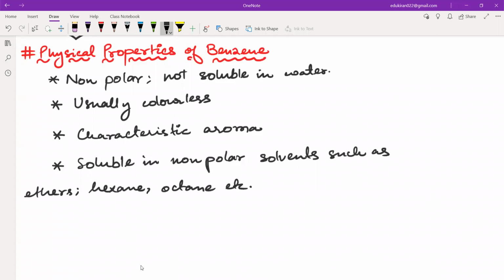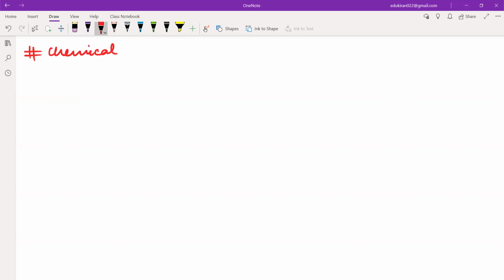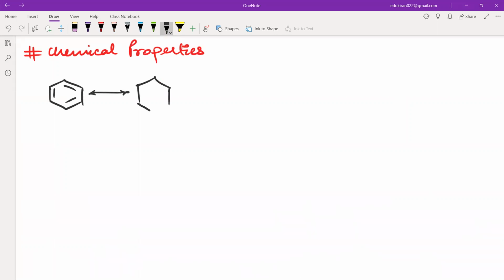Okay, nothing much here. The main important point of benzene is in the chemical properties. So first thing is that benzene seems to have 3 pi bonds, right? Now in chemical properties, this is the benzene ring, and we know that it will show resonance, with alternate pi bonds.